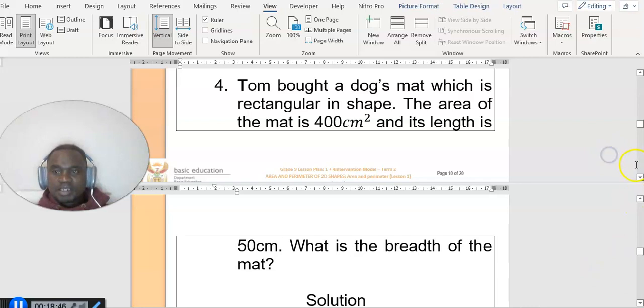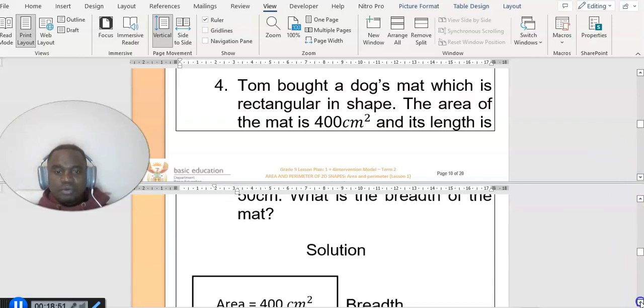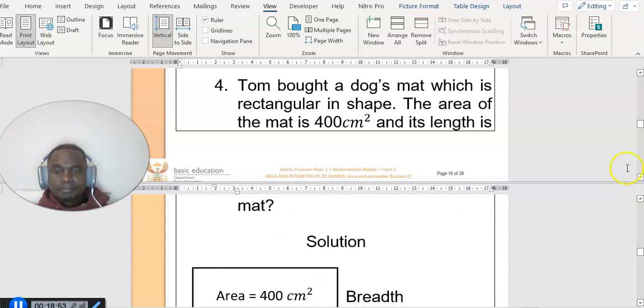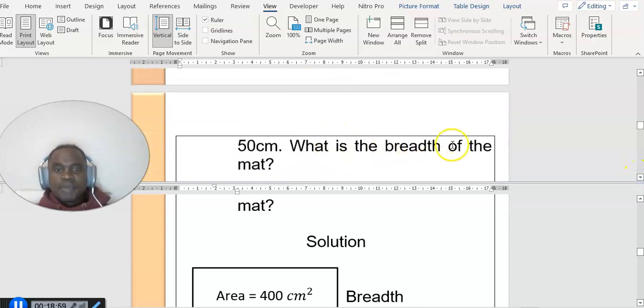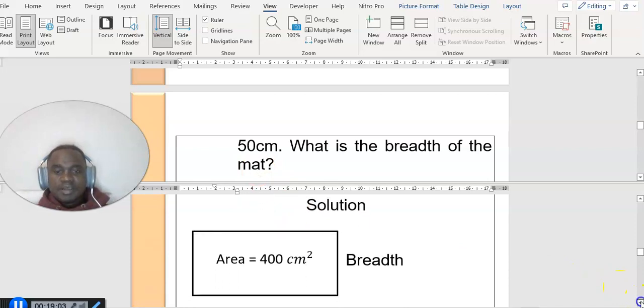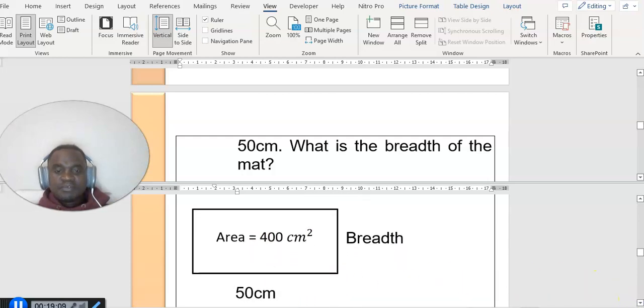The question is saying we should find, what are we finding? What is the breadth of the mat? They want us to find the breadth here. Alright, and we know the length is given as 50 in the question.